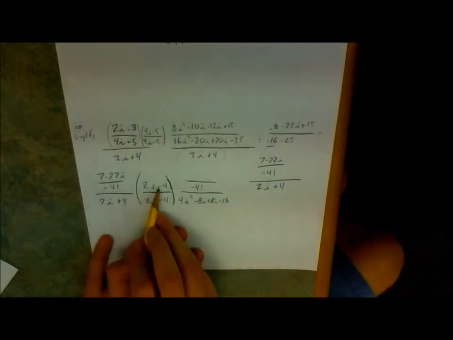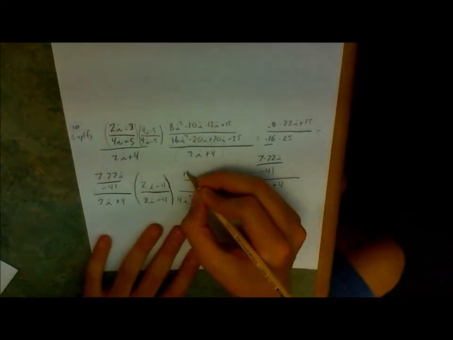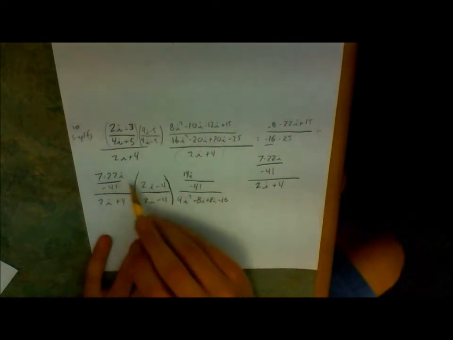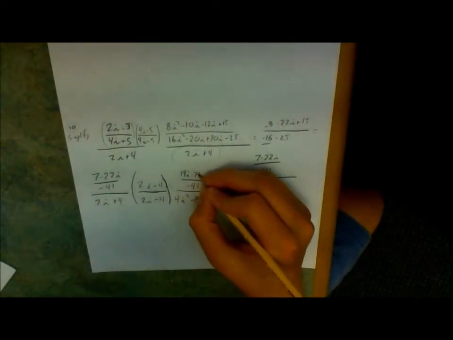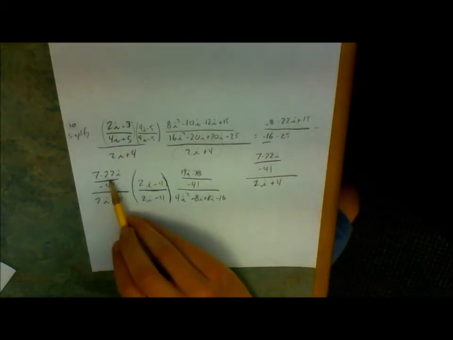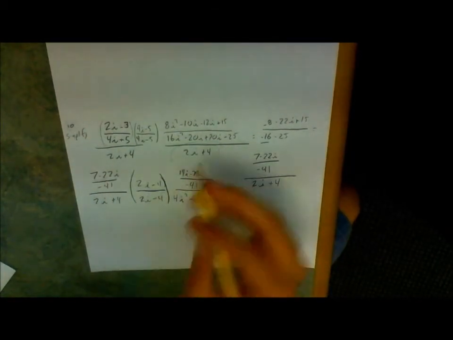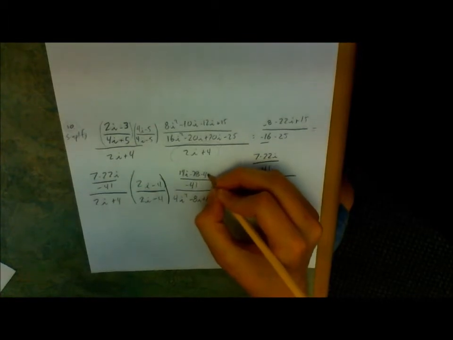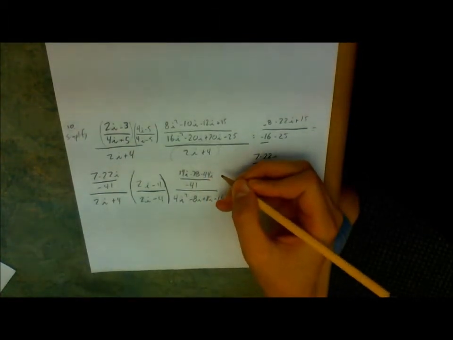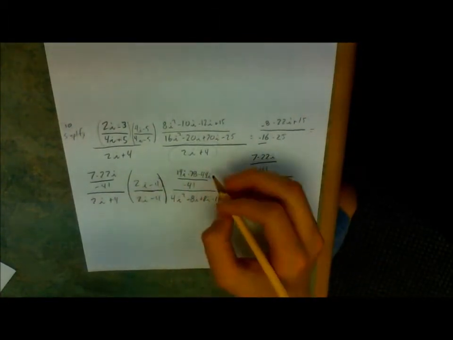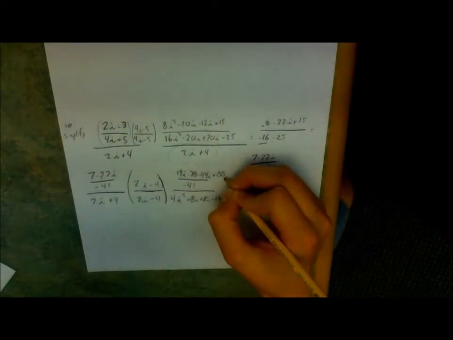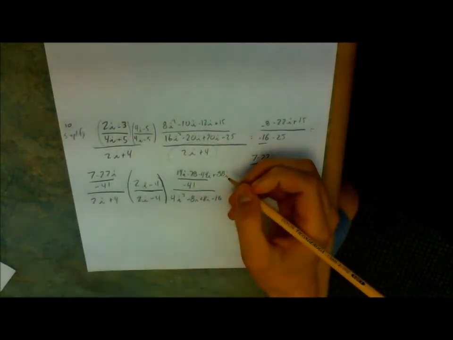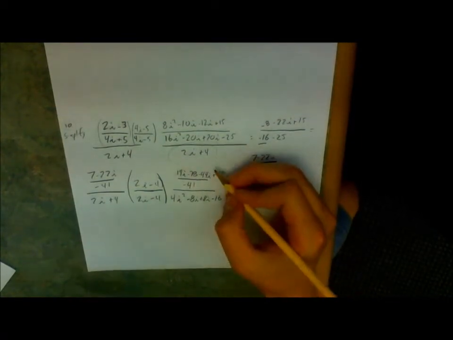We would have 2i times 7 would be 14i. 7 times negative 4 would be minus 28. Negative 22i times 2i would be negative 44i. And then negative 22i times negative 4 would be plus 88i. Very nice numbers here.